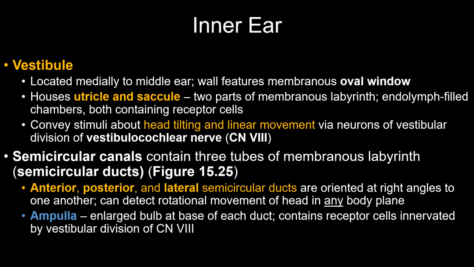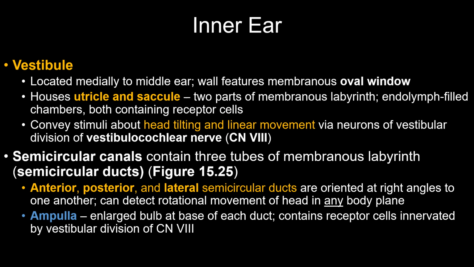And now, aside from the vestibule, you'll have the semicircular canals. The utricle is actually continuous with these three tubes of the membranous labyrinth that make up the semicircular canals. The semicircular canals are the bony labyrinth portion. The semicircular ducts are the membranous labyrinth portion.